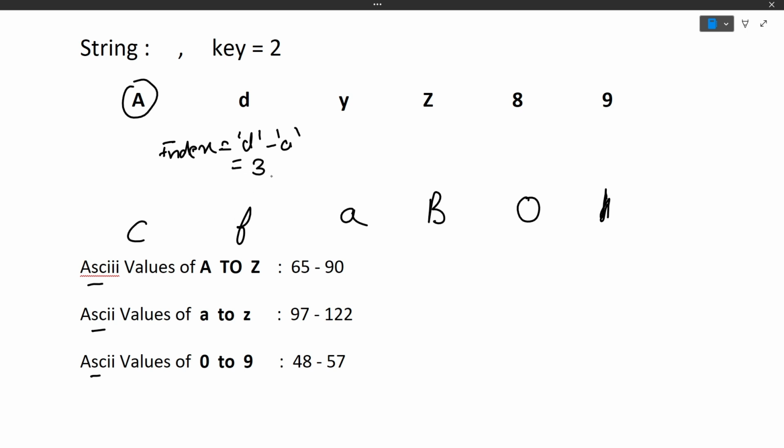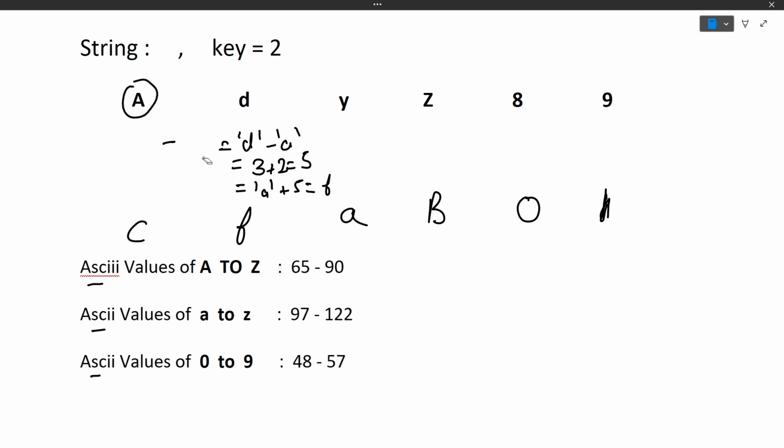Now we add the key to it, so it becomes 5. Since we subtracted a, we now do a plus 5, which will give us F. So this is how we reached F. This was also straightforward.